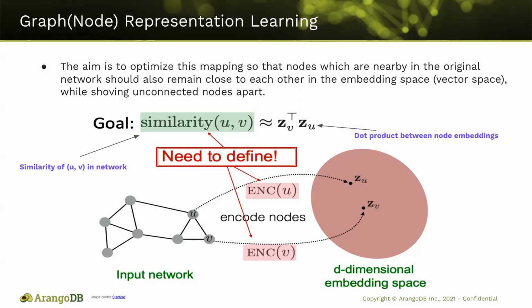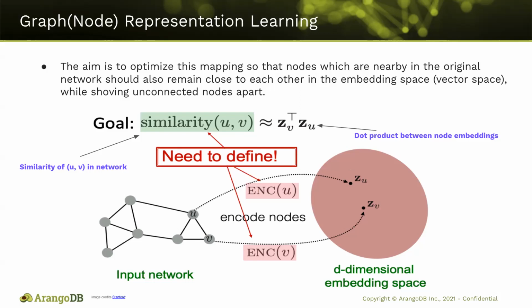learning a mapping function. So this is the similarity function you see, and it basically shows the similarity between two nodes in the network, and this is the dot product between the node embeddings in the embedding space. So these are the two key components.